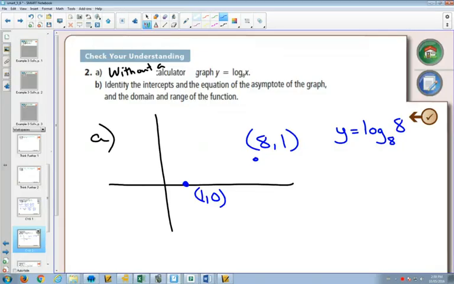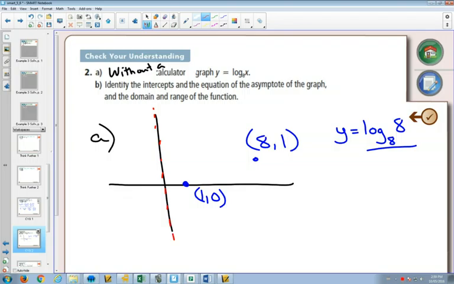In other words, 8 to what power is 8? It'd have to be 1. Because that's what a log is, right? It's finding the exponent. So when I have log 8 of 8, I'm saying 8 to what power is 8? And the only way that would work is if it's 8 to the power of 1. So we'll have the point (8, 1).